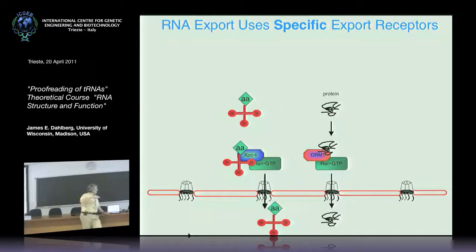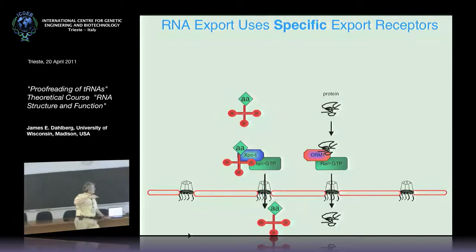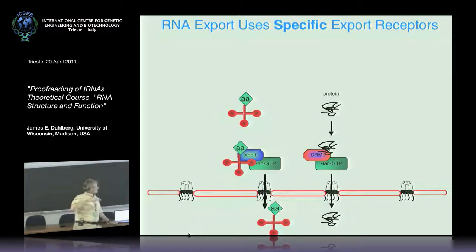Some other export receptors are specific for other cargoes. And so there's one called exportin T, which Iain Mattaj and Elisa Izaurralde studied several years ago. Exportin T binds transfer RNAs directly and carries those transfer RNAs into the cytoplasm. It doesn't carry out protein.